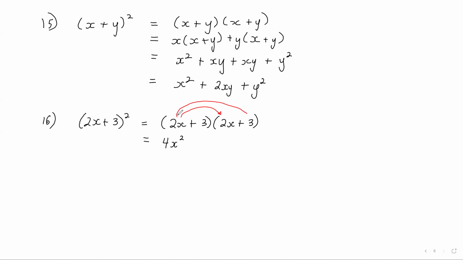And then you have to say 2x by 3, which would give me what? 6x. Right. And then what? 3 times 2x, which is? 6x plus 9. Perfect. So then the final answer will be? 4x squared plus 12x plus 9. Beautiful. Right. Thank you, Ari.